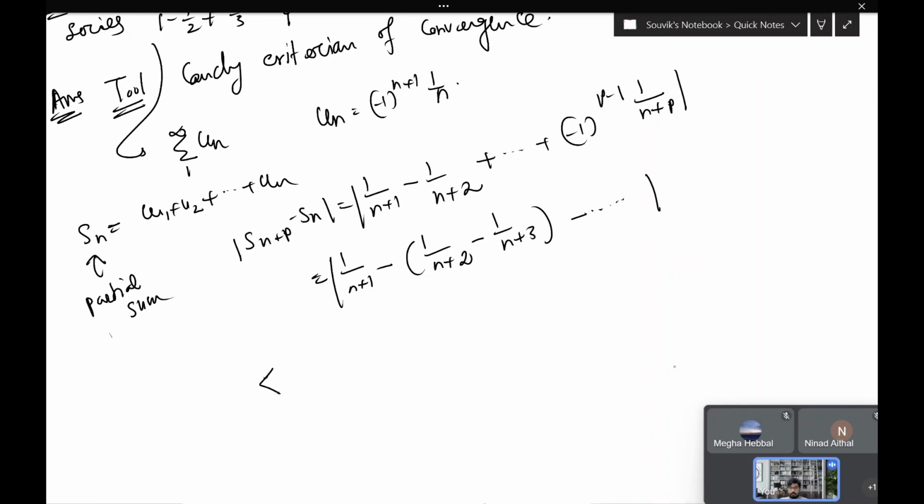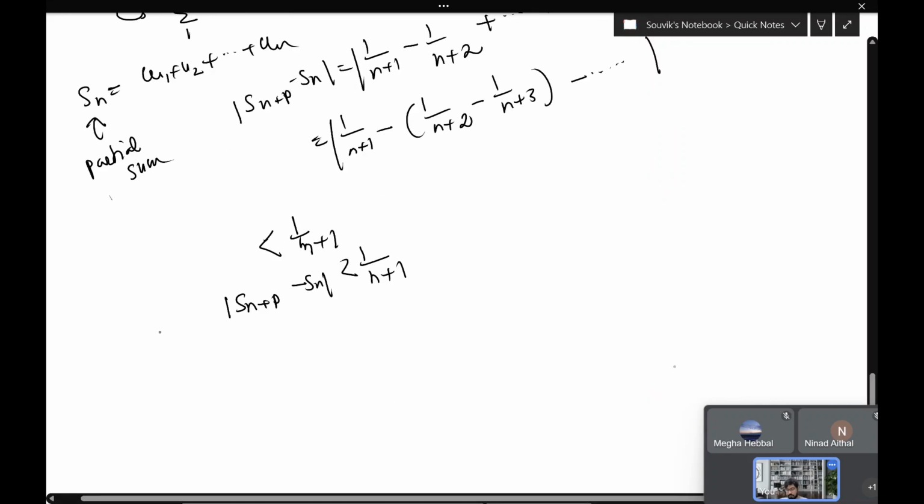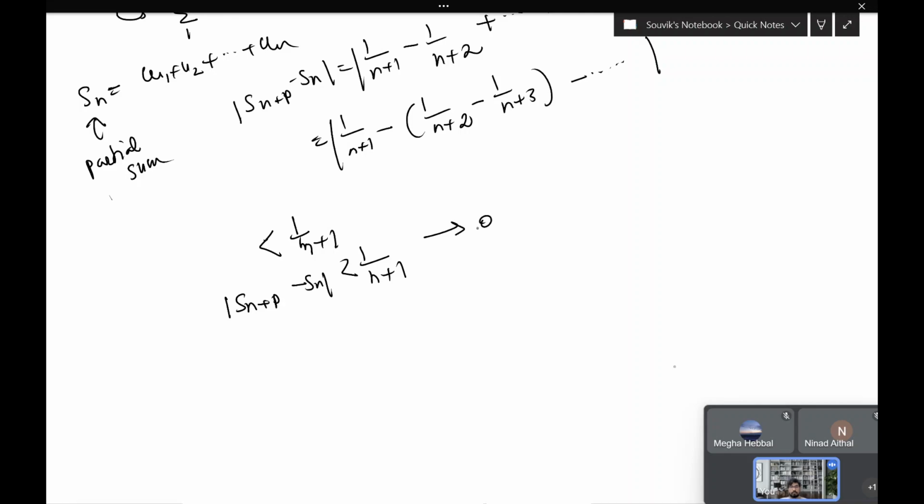So obviously this is less than 1 by n plus 1. So we see that Sn plus p minus Sn is less than 1 by n plus 1, and this thing goes to 0.